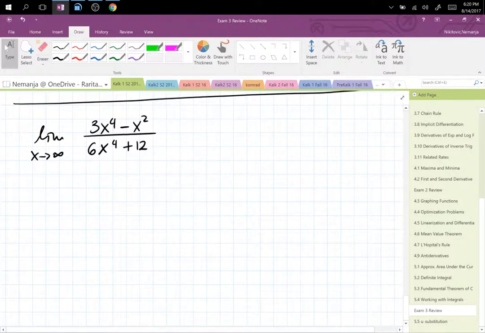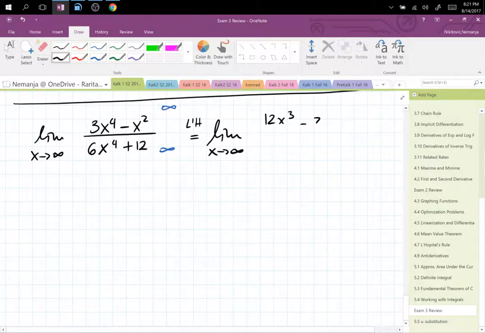But now we want to use L'Hopital's rule to show that. We plug in infinity and we have infinity over infinity, so we can take independent derivatives of numerator and denominator. We get 12x cubed minus 2x divided by 24x cubed.